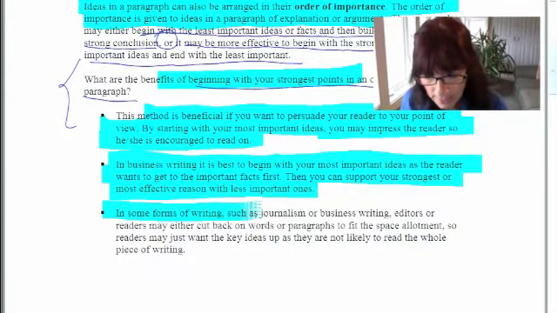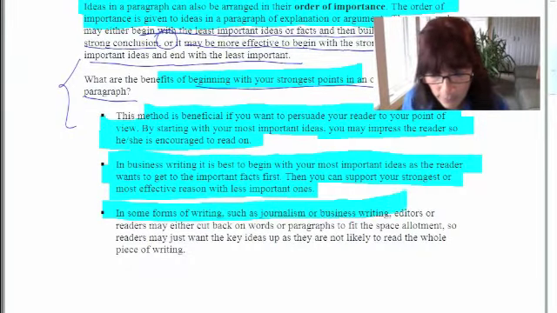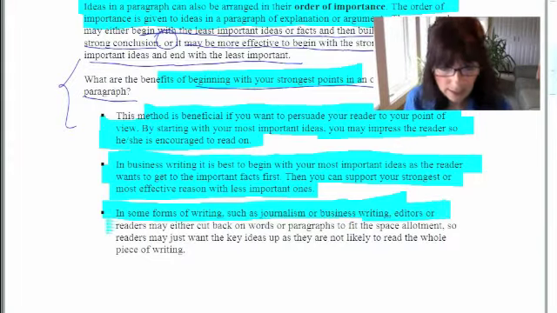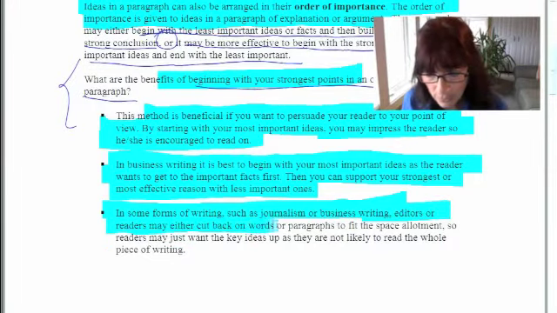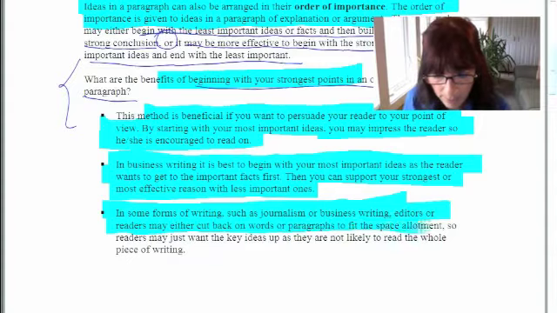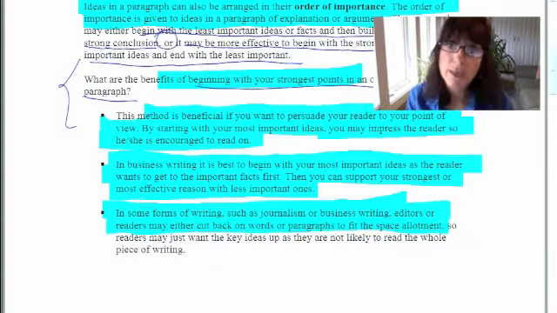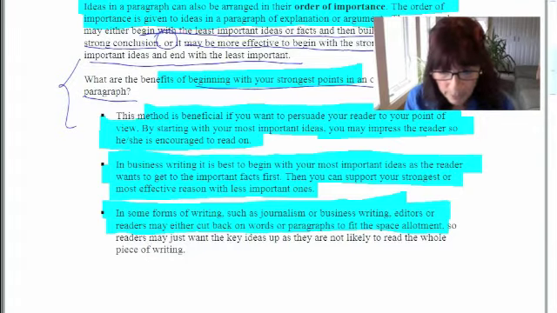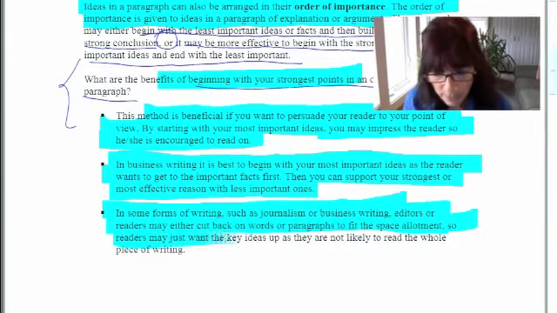And another point is that in some forms of writing, such as journalism and again, business writing, editors or readers may either cut back on words or paragraphs because they only have so much space. So when an article might be written in a newspaper or a magazine, there's a word allotment, so therefore only so much can be said in a short space.